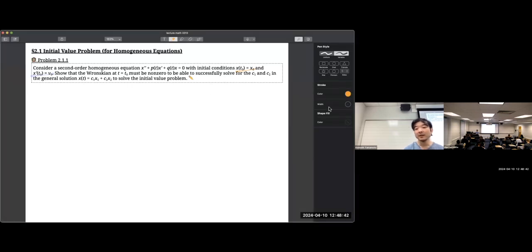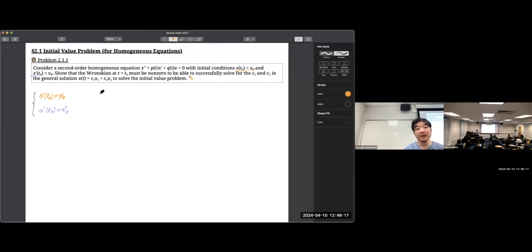So let's just write the initial conditions. So x of t naught is equal to x naught. That's one of the initial conditions. And then the other initial condition, the derivative, is equal to v naught. They like to use v naught because I guess it's like a velocity, because it's a derivative. Those are the two conditions. So if you have a solution x of t equals c1 x1 plus c2 x2, and you've found x1 and x2 to be two homogeneous solutions, then you just plug in these initial conditions.